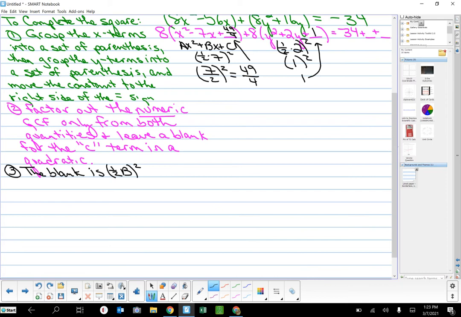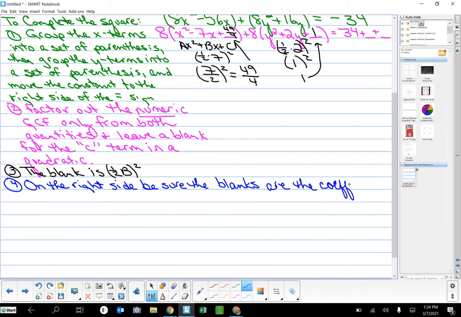All right, now you need to be careful on the right-hand side. On the right side, be sure the blanks are the coefficients multiplied by the left blank.